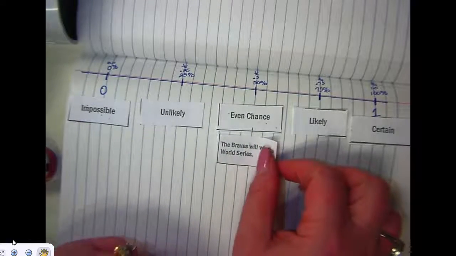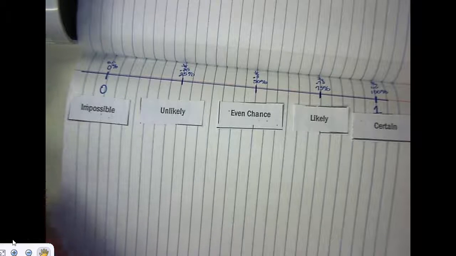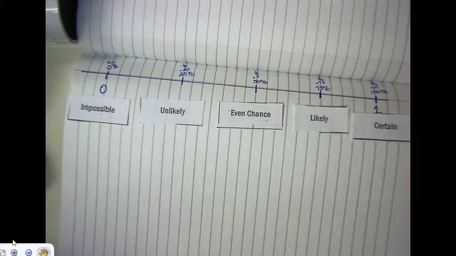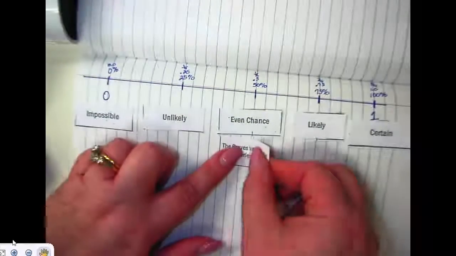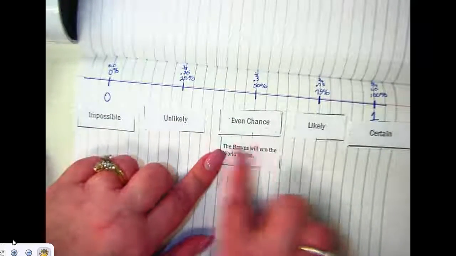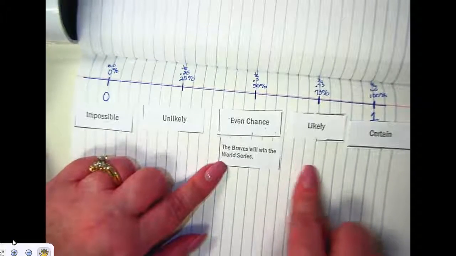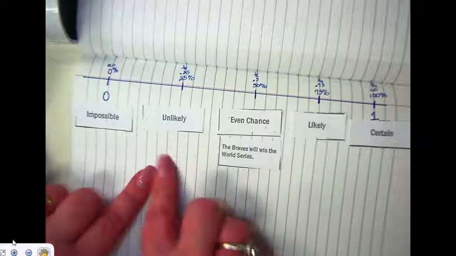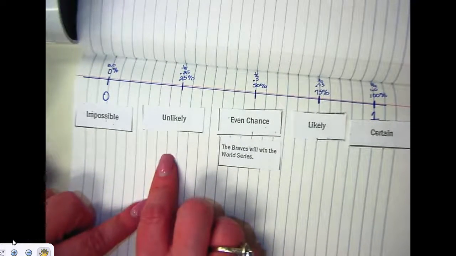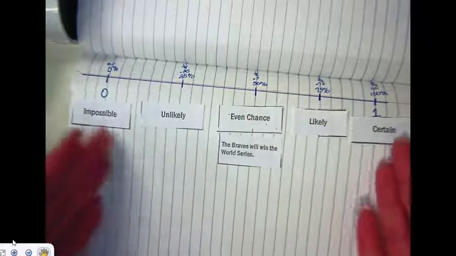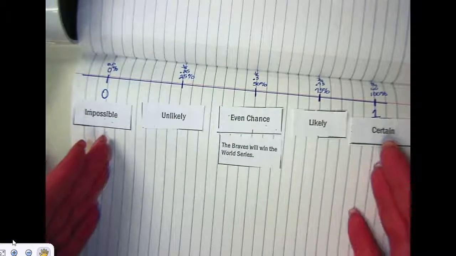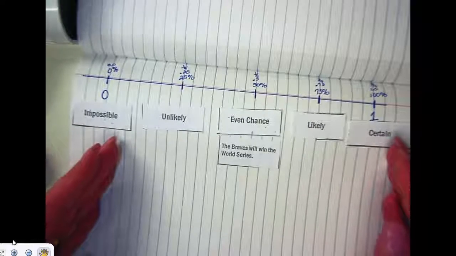I'm going to put it at even chance because the season really hasn't started yet. I mean, it started, but we're not that far into it. The World Series is not until the fall. So let's just go ahead and put it at even chance. If you're a huge Braves fan, I wouldn't get mad if you put it over here at likely. If you hate them, I wouldn't get mad if you put it over here at unlikely. But we can't answer impossible or certain, right? Those definitely could not be the answer.